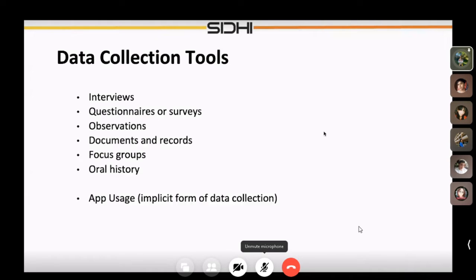But another thing that's also becoming very common nowadays in the data collection process is app usage, or social media usage, or even just regular everyday usage, like taking a train, whatnot. So any form of usage is now becoming an implicit form of data collection.